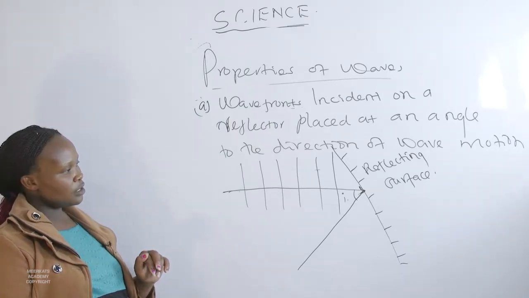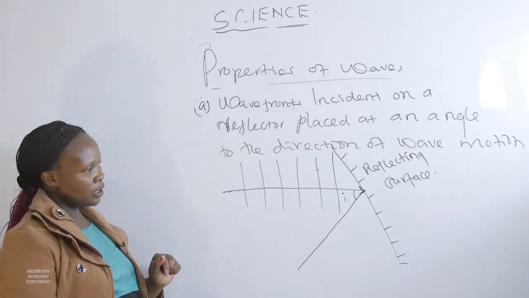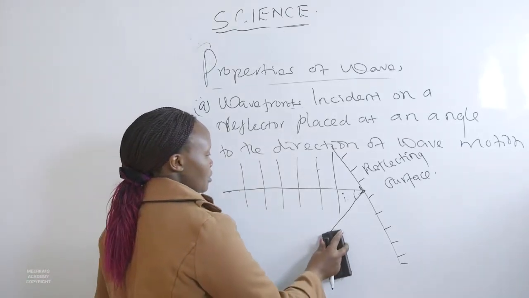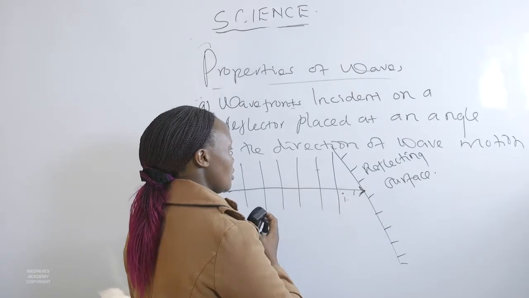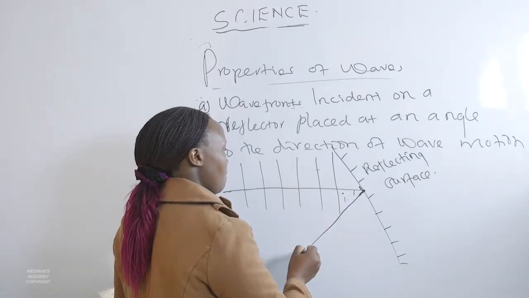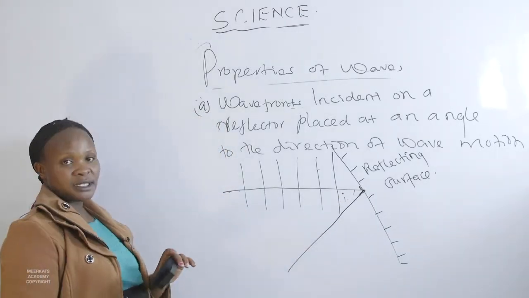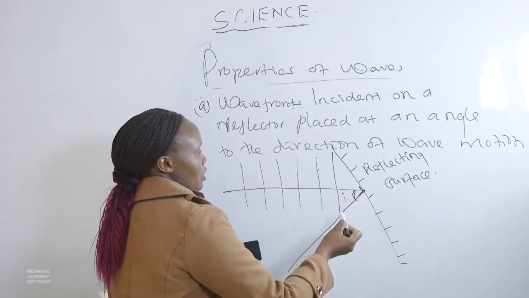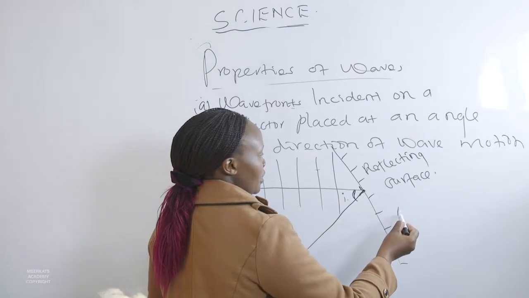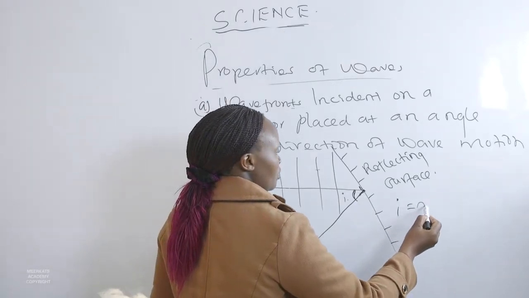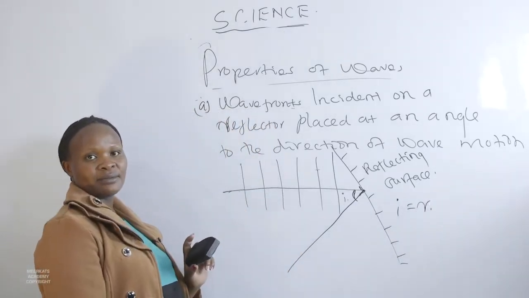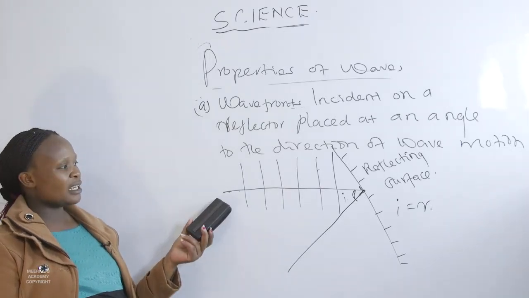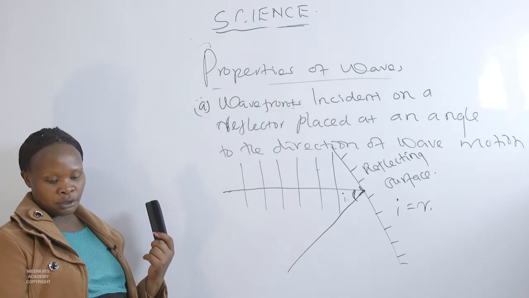So what happens? Our wave is going to be reflected in such a way that I is equal to R. Remember, we are not considering the wavefronts but the direction of wave motion.